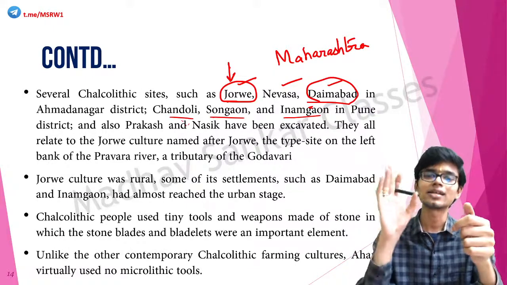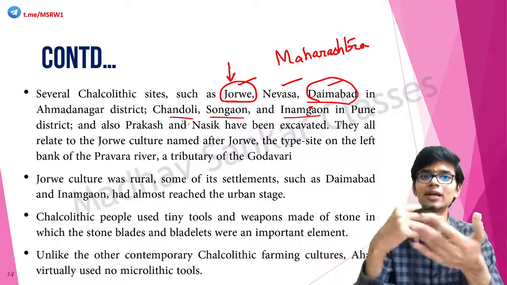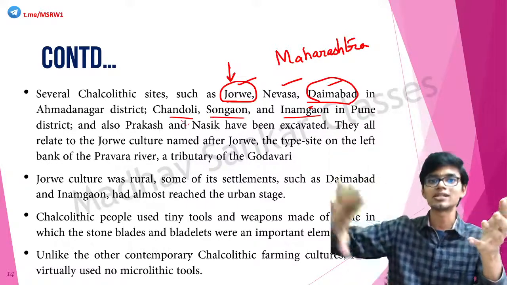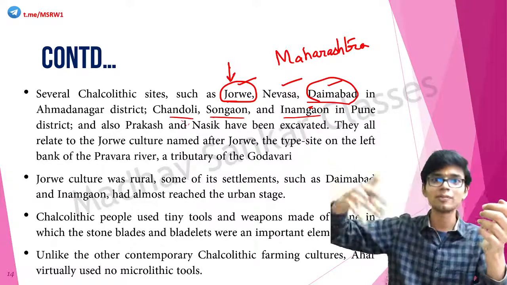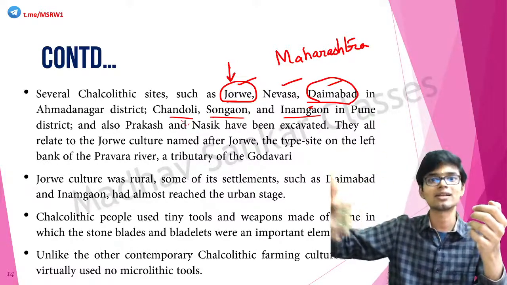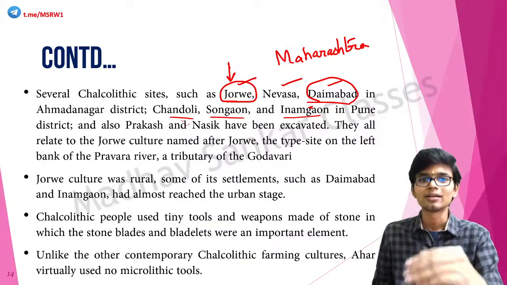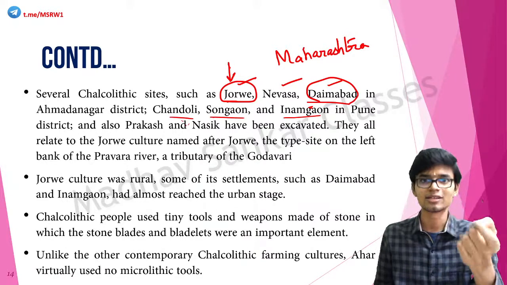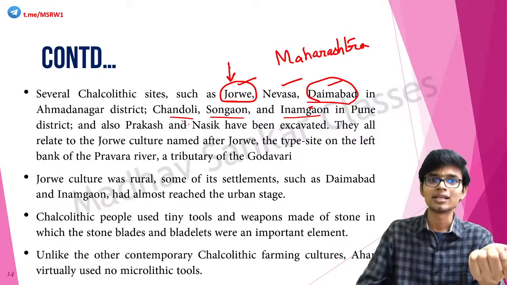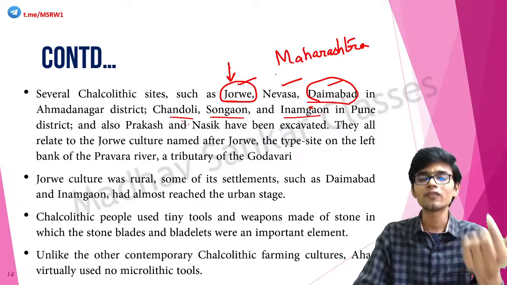For example, in the Harappan civilization, we come across Harappa, Mohenjo-daro, Lothal, but still we call them the Indus Valley civilization sites, or the Harappan sites. Why? Because Harappa is the first site that was excavated or found. Similarly, here, the first among all these sites that was excavated or studied by archaeologists is Jorwe in Maharashtra.